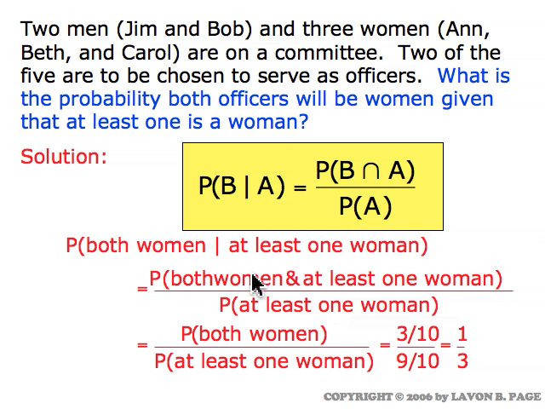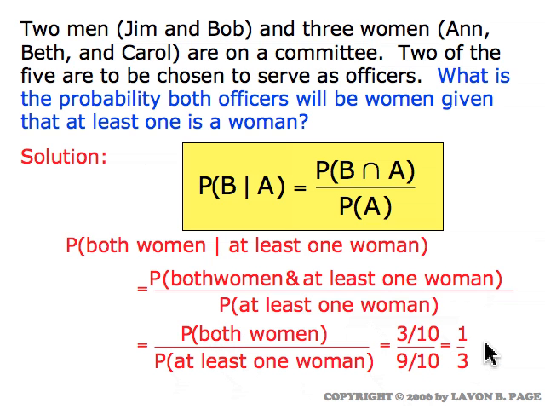Saying that both of them are women and at least one is a woman is the same thing as saying that both are women. So the numerator we can rewrite this way. Both of them being women has probability 3/10 as we already calculated. At least one being a woman has probability 9/10 as we previously calculated.